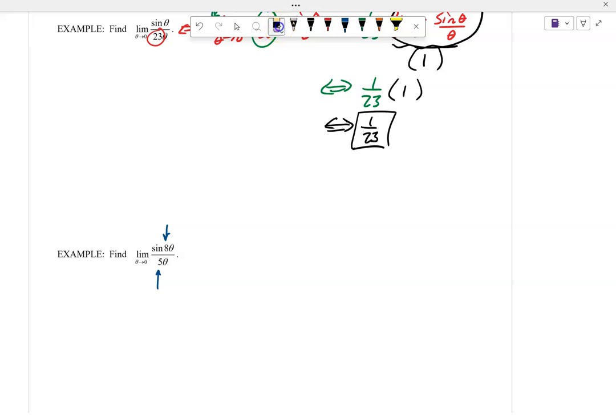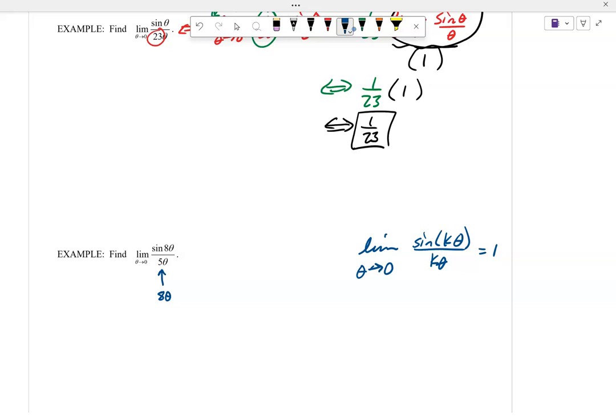So what I'm thinking about is using the one in blue, limit as theta approaches 0 of sine of k theta over k theta is 1. And so what I want is I want this to be an 8 theta, not a 5 theta, right?